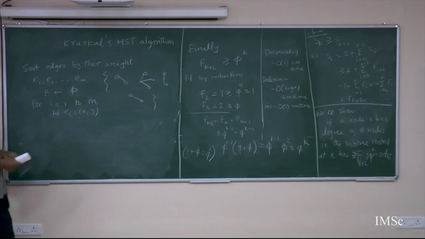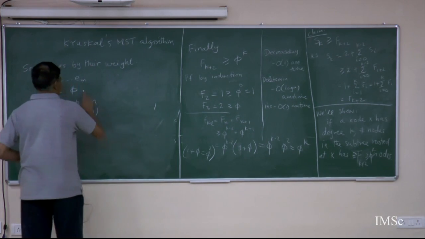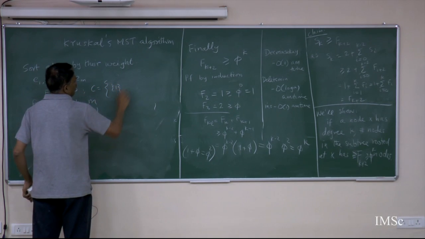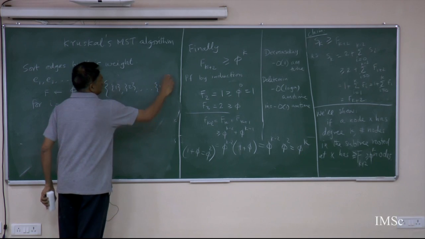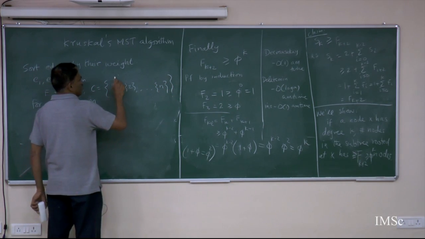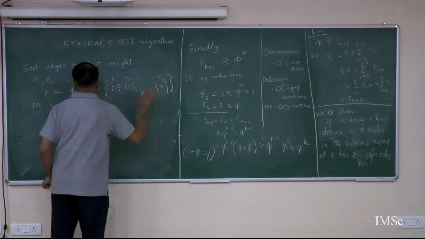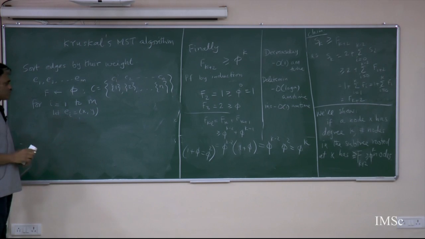Each individual vertex. So let's write my component set C equal to 1, 2, and let's say my vertex set is N. These are my sets: component 1, component 2, component n. For i equal to 1 to m, let ei equal xy.